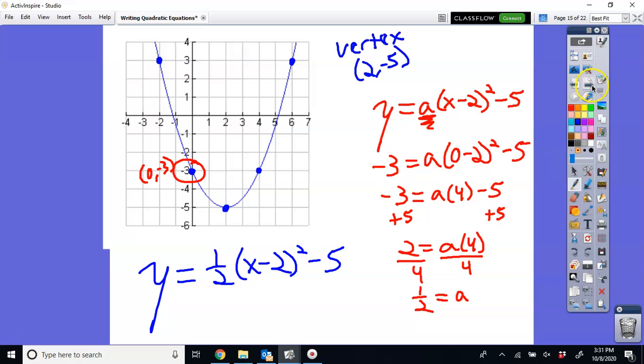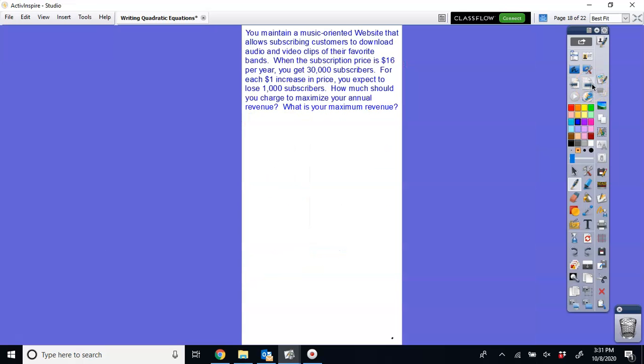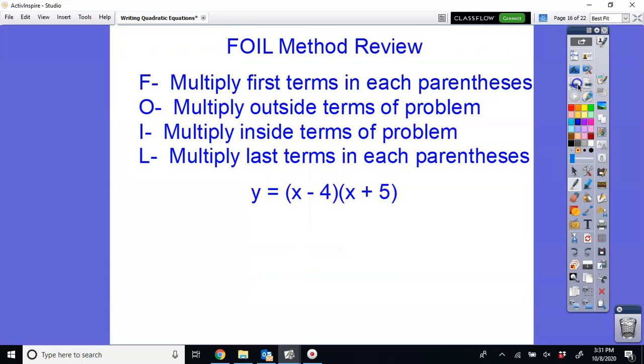All right. Now, let's talk about that FOIL method one more time. And then we're going to talk about the ones that look kind of like intercept form. So the FOIL method says, again, multiply the first term times the first term. So x times x is x squared.